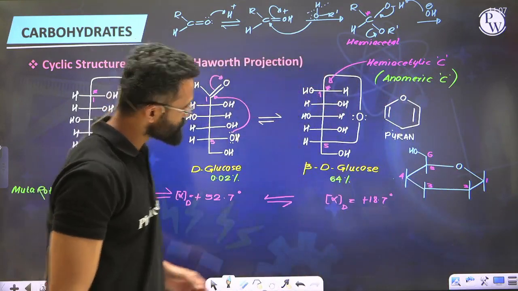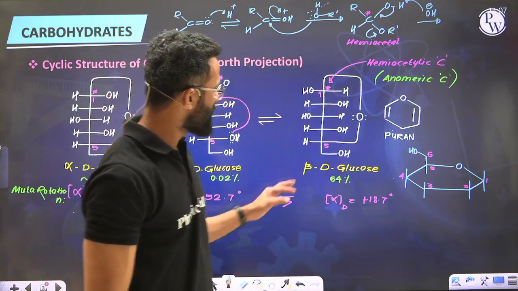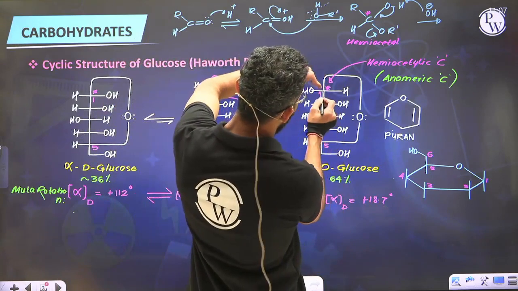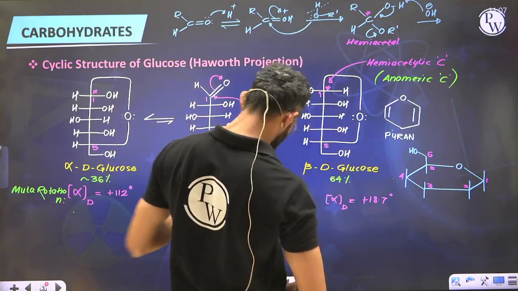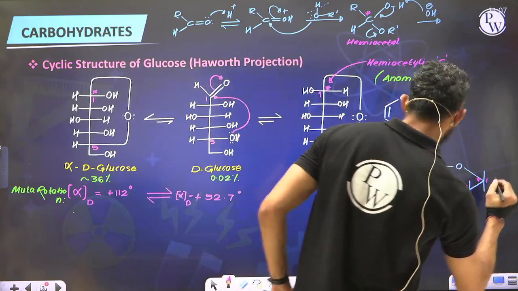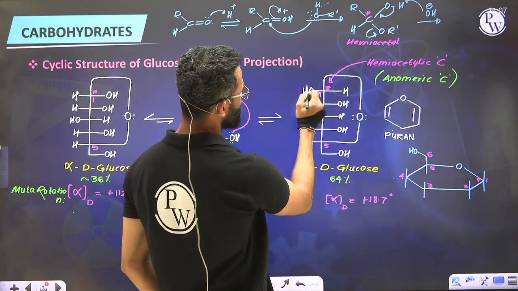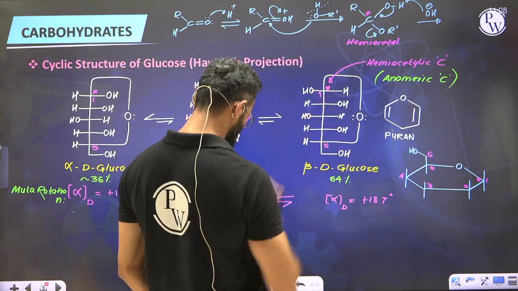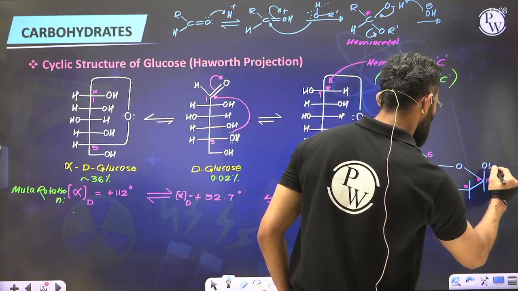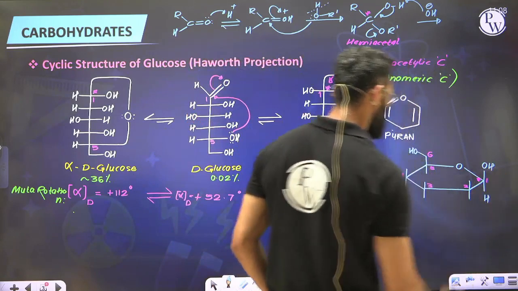Now look, suppose I'm drawing a beta form of glucose. Carbon number 1 is the hemiacetal carbon, meaning the anomeric carbon, which has one group connected to it, OH, and the other valency is H. So see what I'm doing now: I'm putting that OH above the plane, H below the plane.